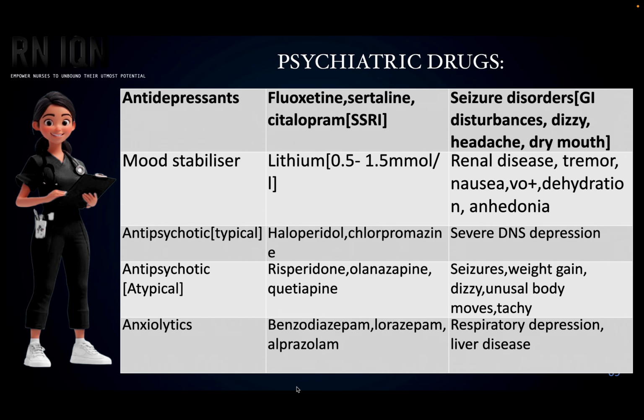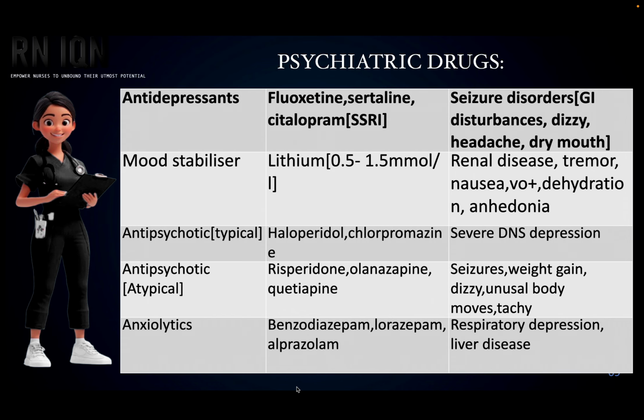Then with regard to antipsychotics, they are again classified as typical and atypical. So typical antipsychotics are haloperidol, chlorpromazine. This may have the side effect of severe CNS depression. So it can lead to central nervous system depression.